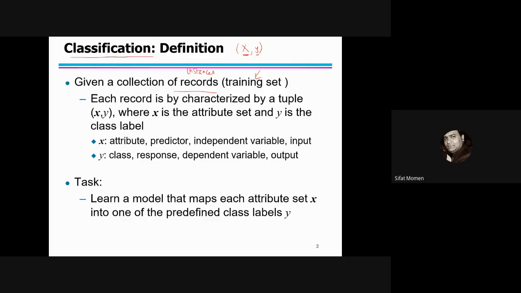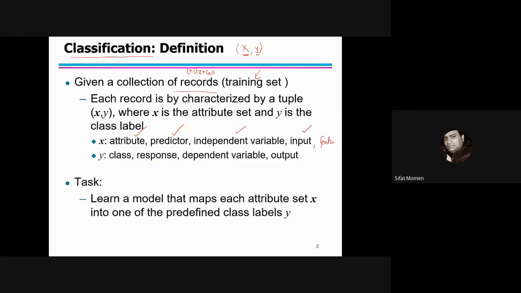So each record will be characterized by a tuple (x, y), where x is an attribute set and y is a class label. Now there are a lot of names that we give to x. Sometimes we will call x attributes, sometimes predictors, as we mentioned in the last class. Sometimes we will call it the independent variable, sometimes the input, and sometimes the features.